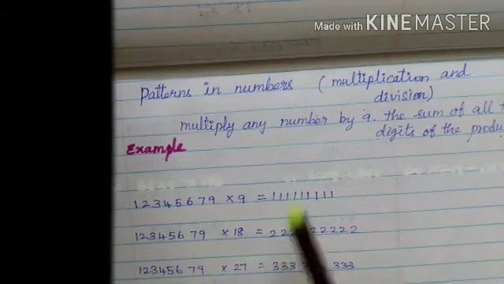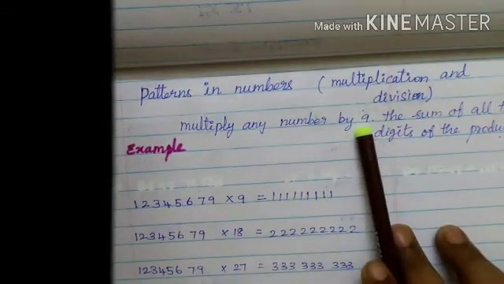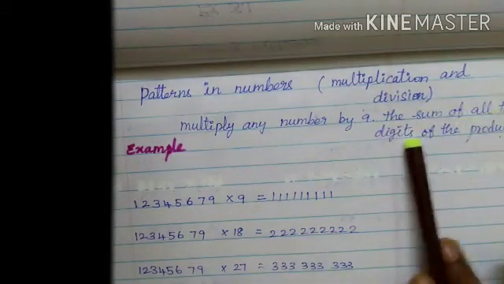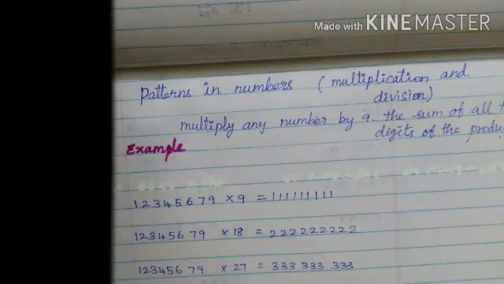Multiply any number by 9. The sum of all the digits of the product is 9.